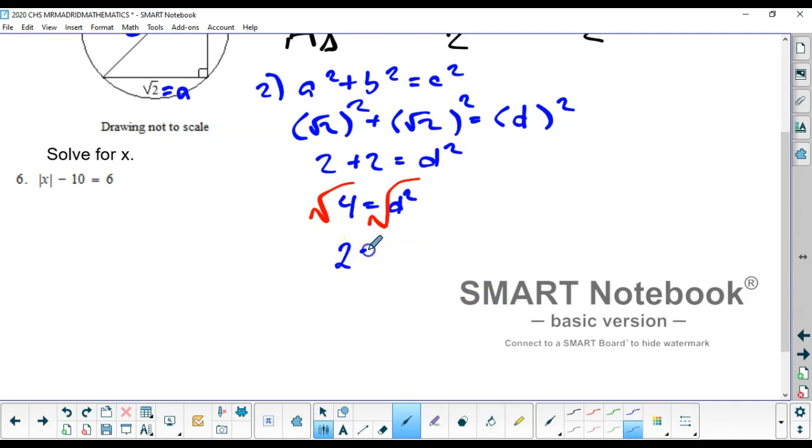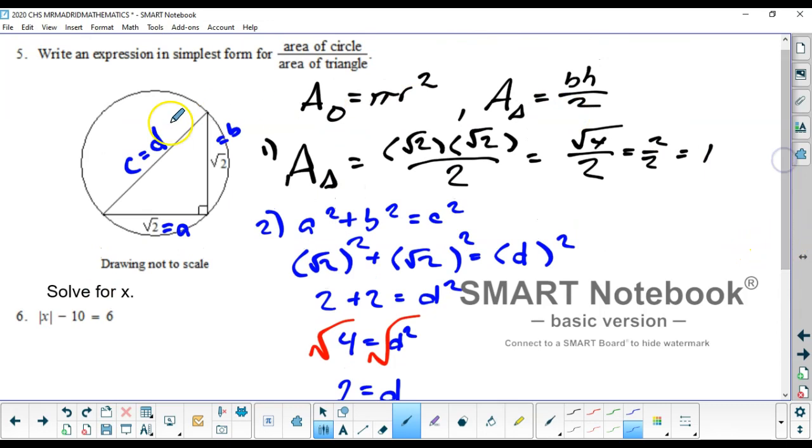And we have 2 equals d. So the diameter is 2. So therefore, half of that would be 1 for r. Okay?